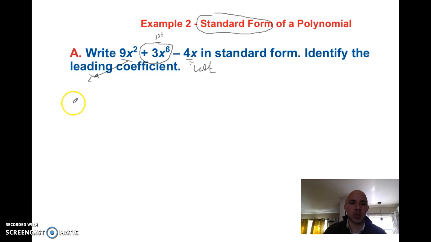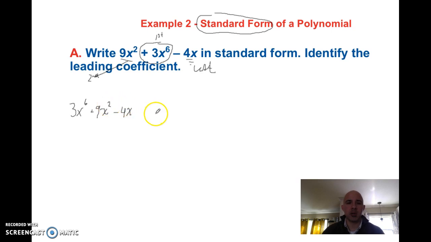Now I'll set this up looking like this: 3x^6, and this is a positive 9, so positive 9x squared. And then we're going to finish this up with minus 4x.